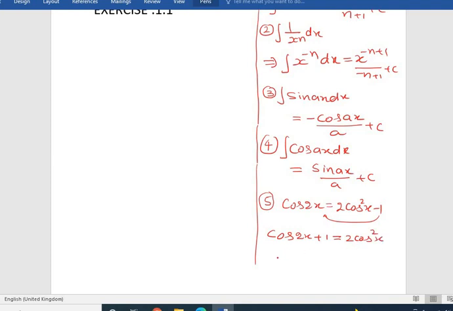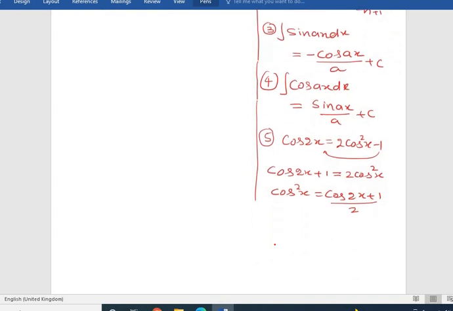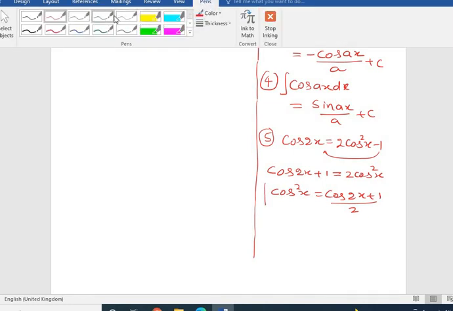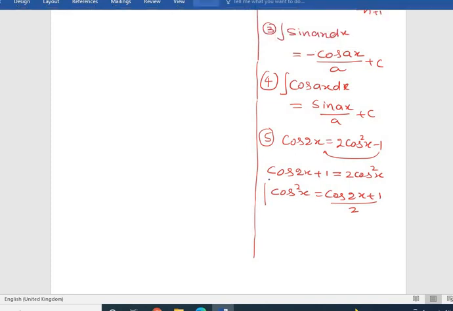It means that the value of cosine square x is cosine 2x plus 1 divided by 2. We will use this as a rule.